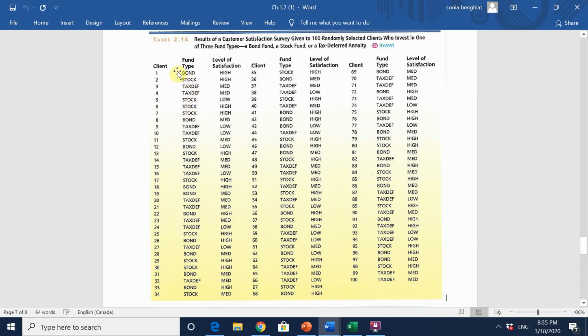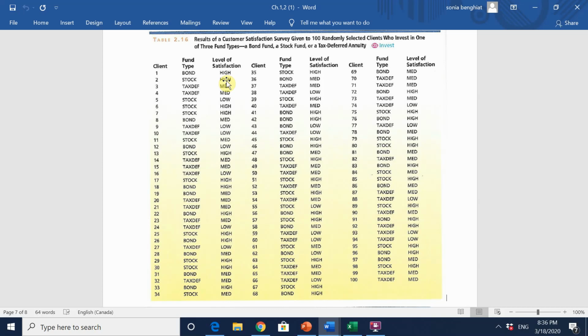And so we see that we've got here two different variables, fund type and level of satisfaction. And each of these variables provides information about the client. So we have 100 rows of these two variables.